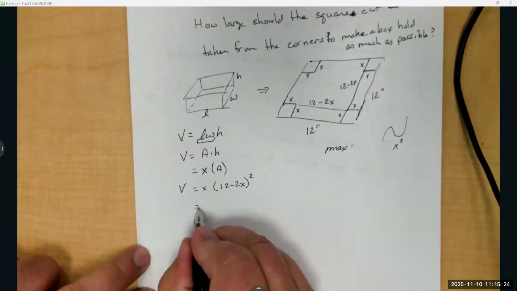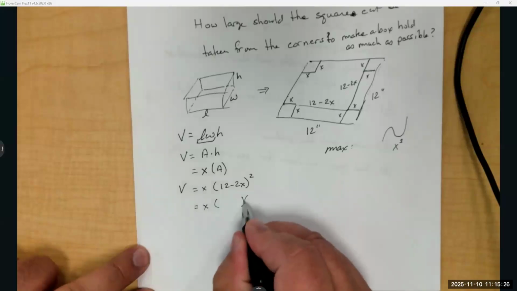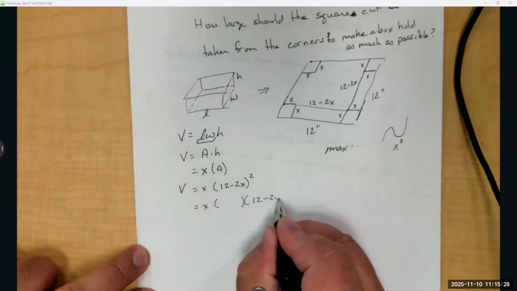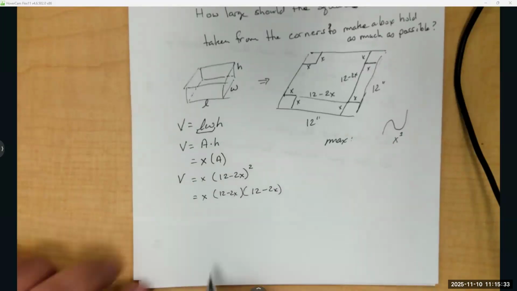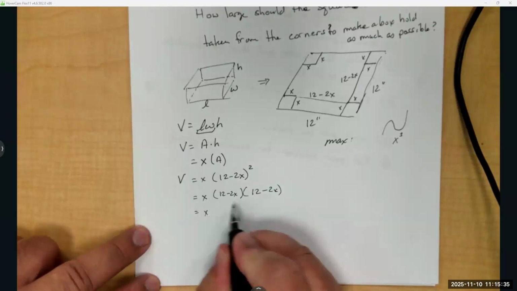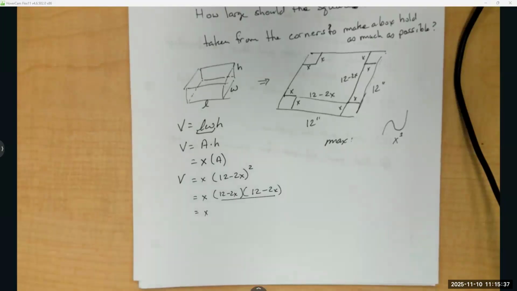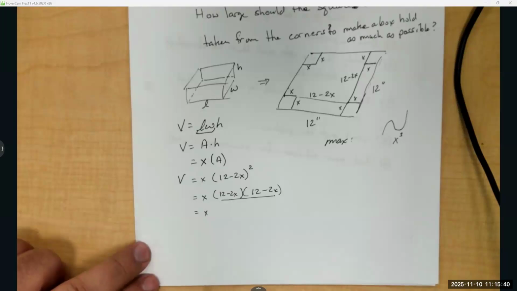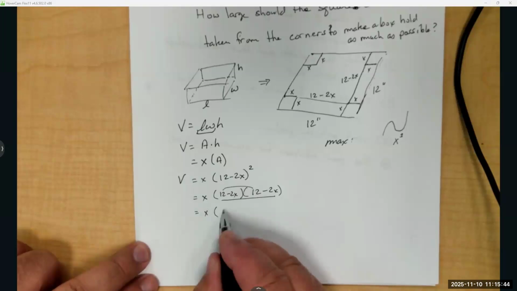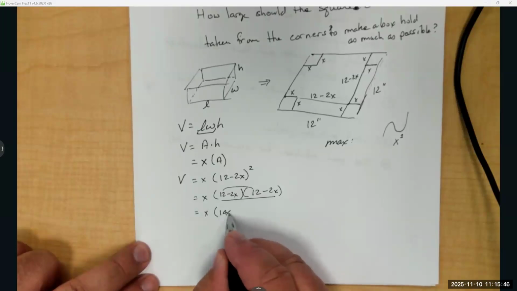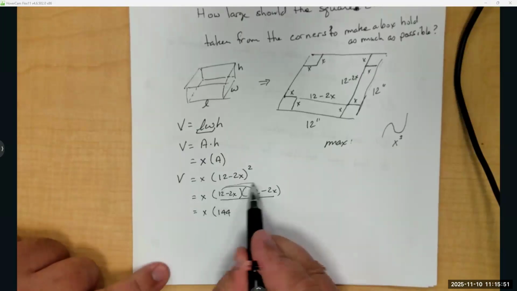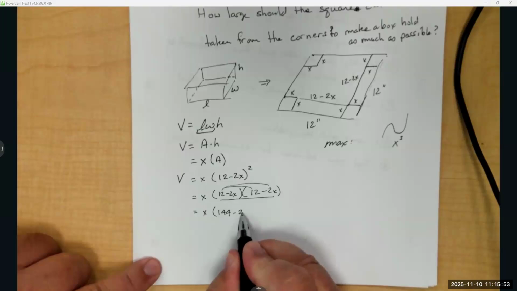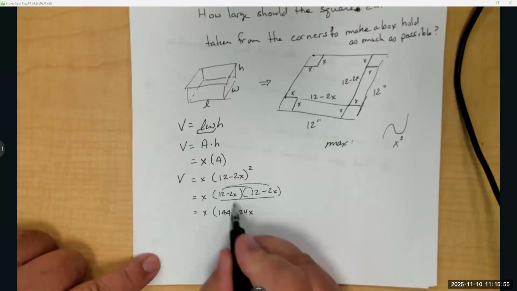If we expanded this one, what would this give us? 12 times 12 is 144. 12 times -2x, negative 24x.